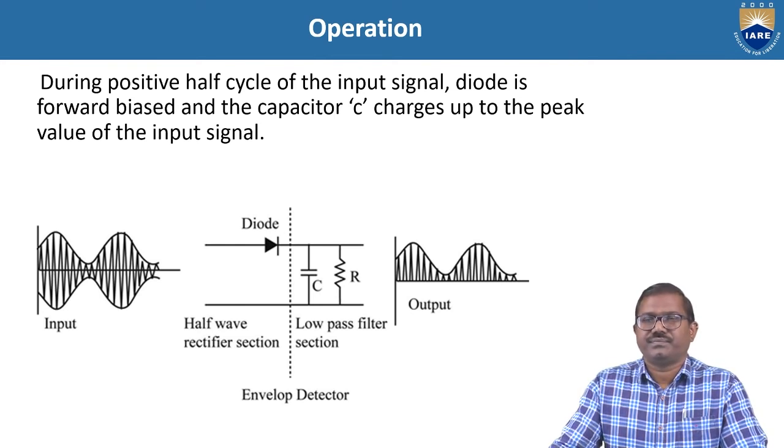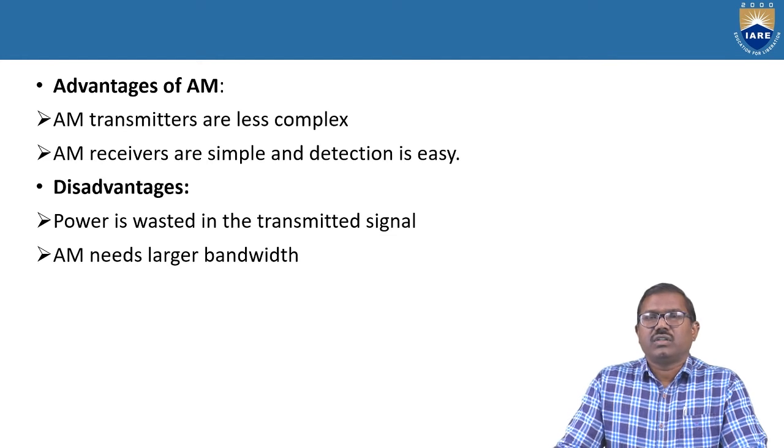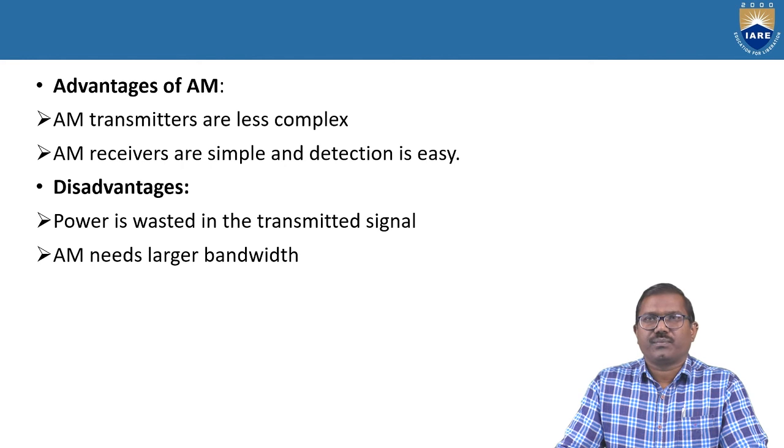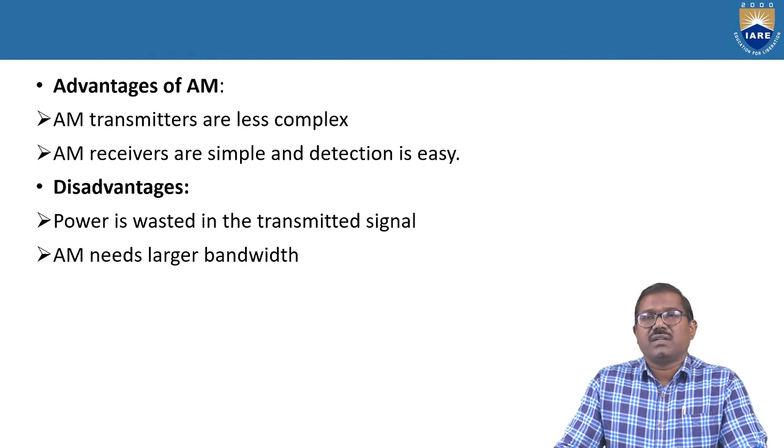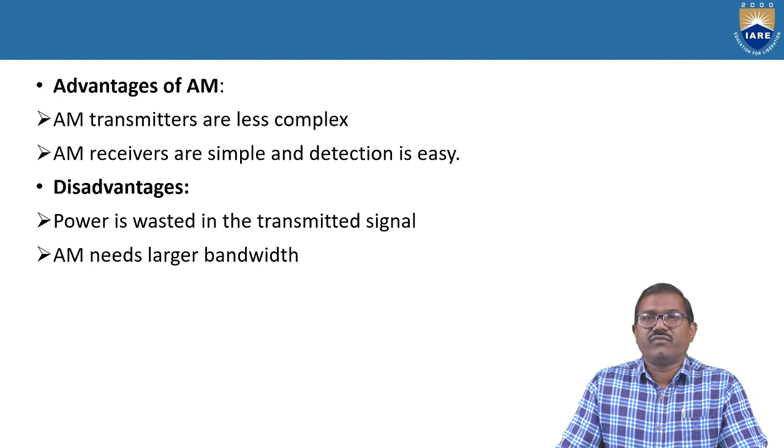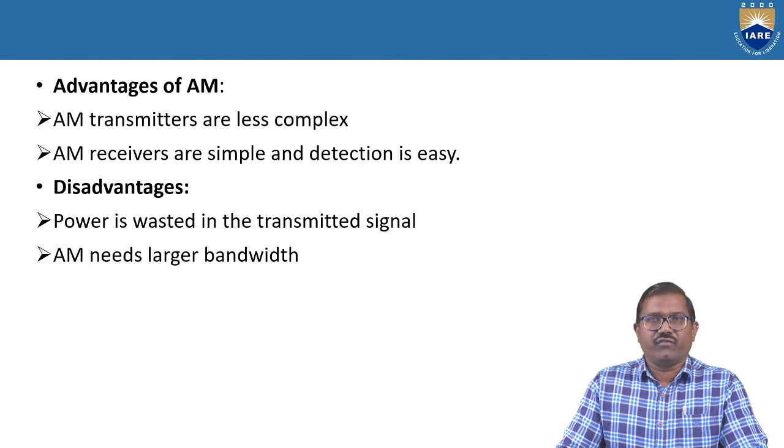Now what are the advantages of AM? Already we discussed what is AM, the time domain description and frequency domain description, and the modulators that generate AM wave. And in this session we discussed the detectors of AM wave.